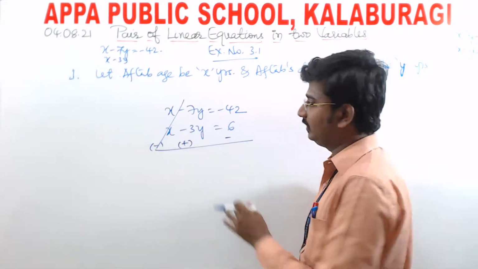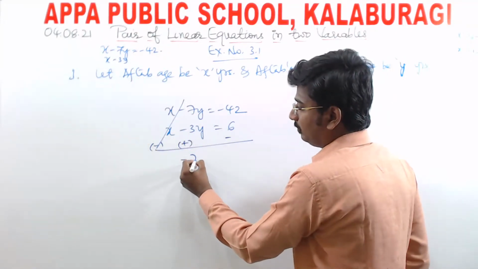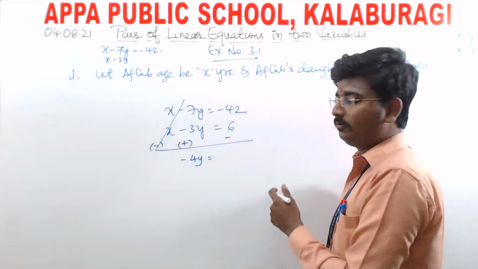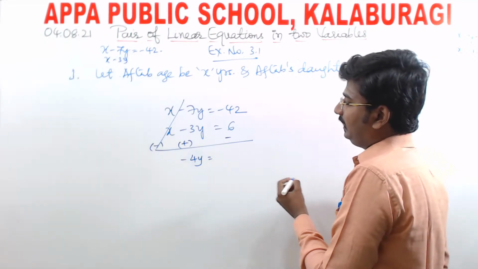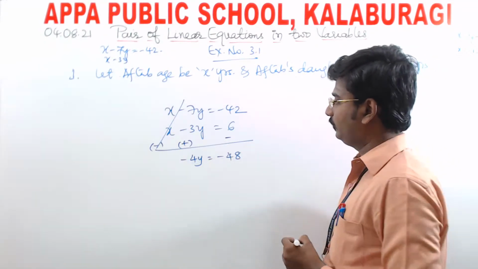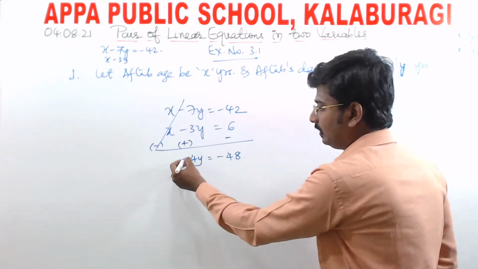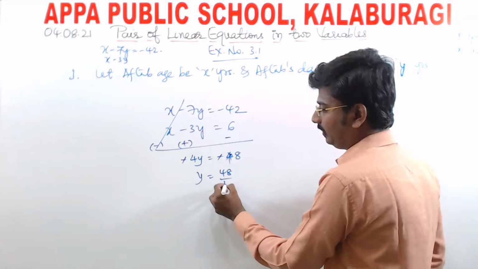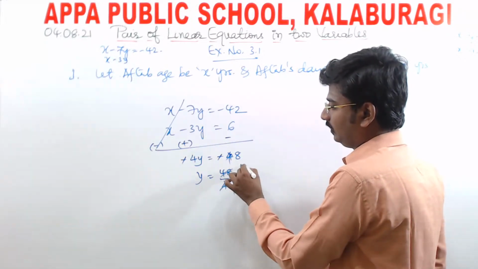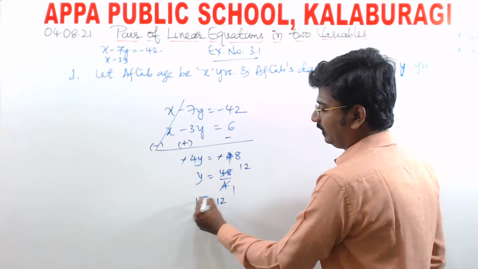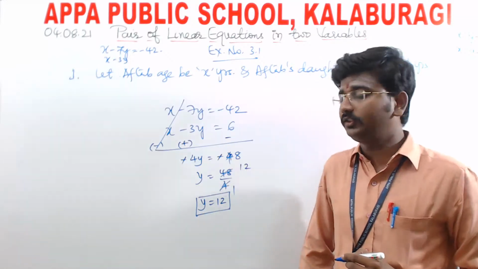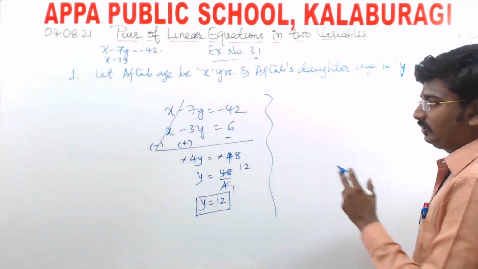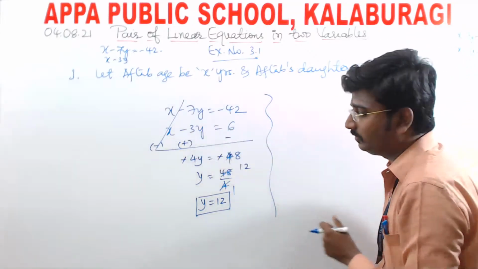Plus x cancel. Minus 7 plus 3 would be minus 4y is equal to minus 42 minus 6, which is minus 48. Minus minus cancel. Y equal to 48 by 4, which is 12. So the daughter's age is now 12 years. Now where to substitute, the choice is yours. I'll substitute in equation 2 because it is very simple.